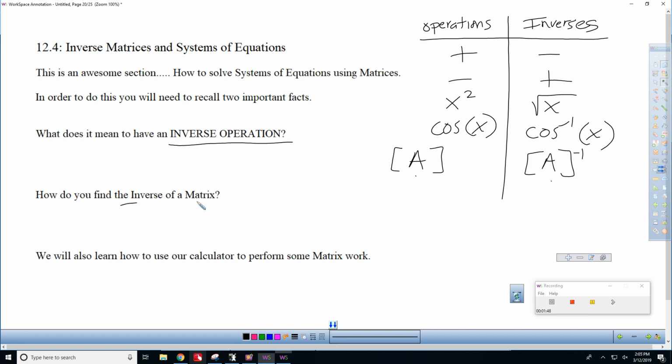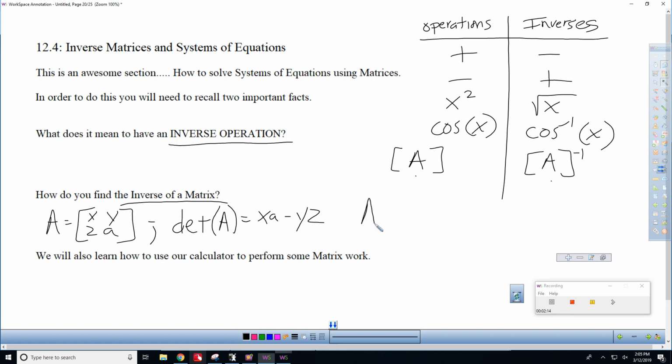How do you find the inverse of a matrix? Well, that's from last chapter, but if A is some matrix [X, Y; Z, W], and then the determinant of A is equal to XW minus YZ, then just as a reminder, for A inverse, you switch the corners.